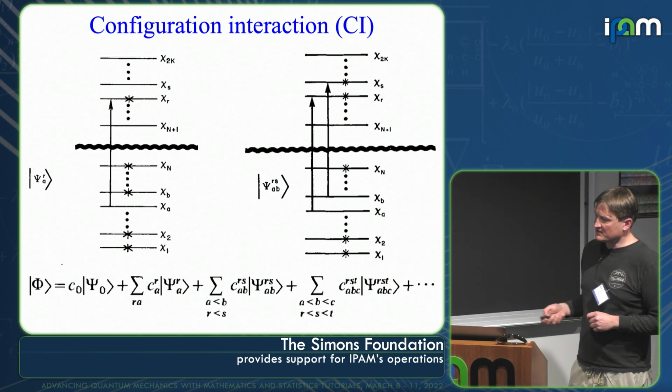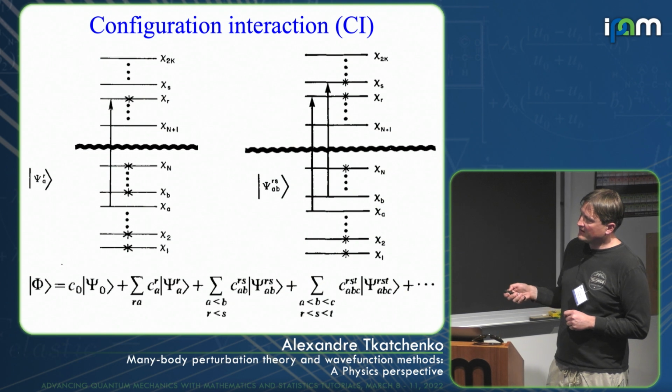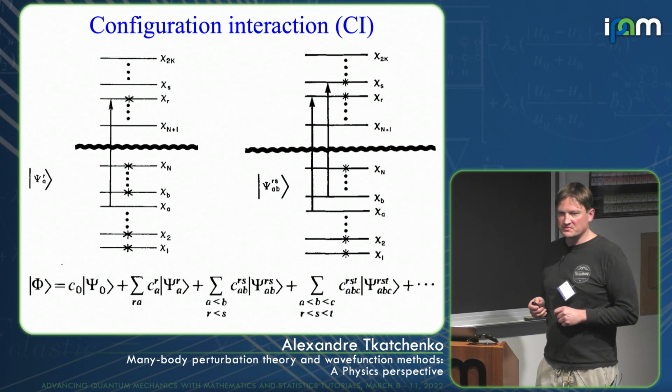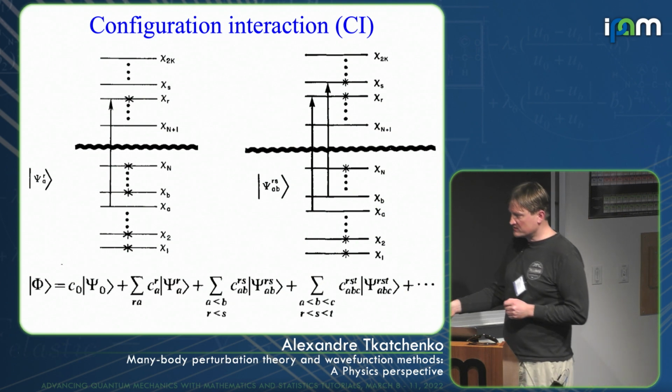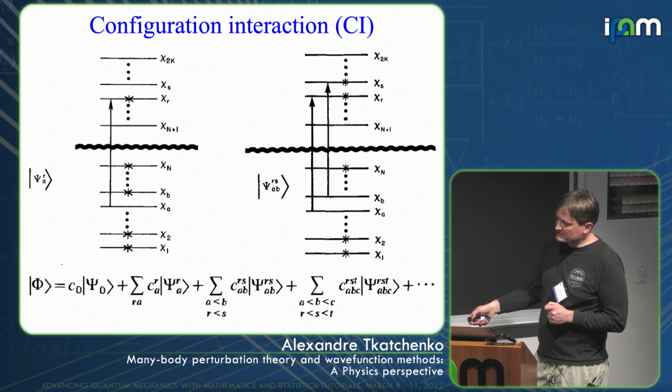And the level of excitation, and how many determinants you have, is defined, of course, by how many orbitals you use to expand your wave function. And if you have a complete expansion, then you have an infinite series, and all you need to do is obtain these linear expansion coefficients.